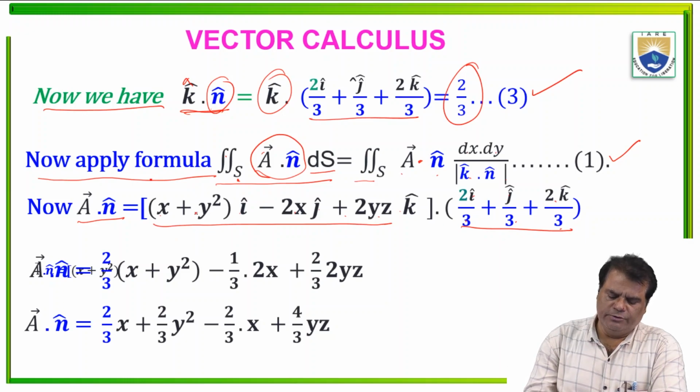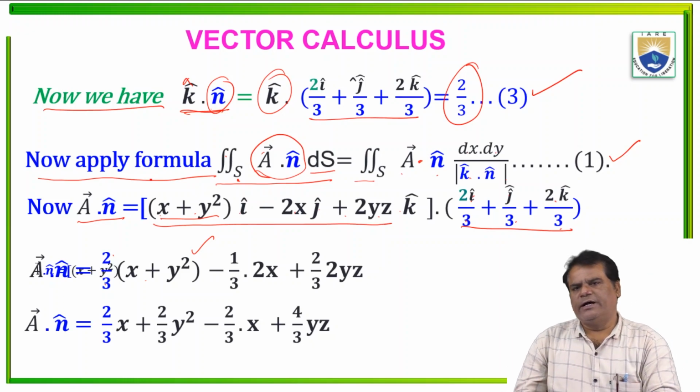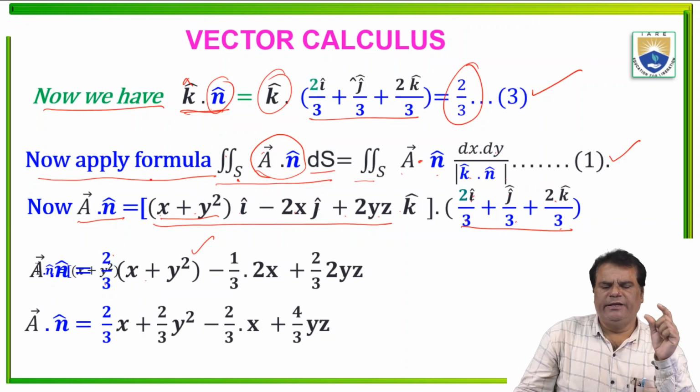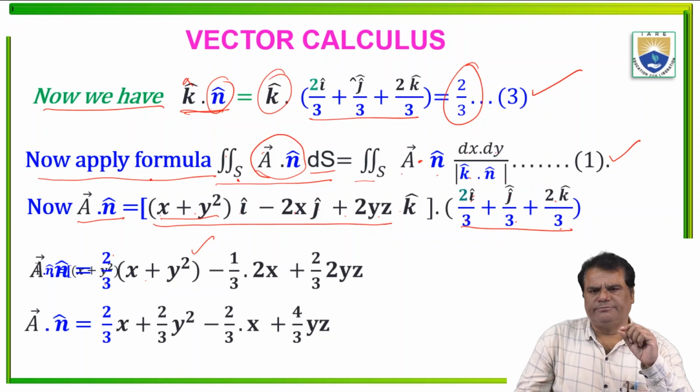So here we find i to i: 2 by 3 into (x plus y squared), then j to j and k to k. In a dot product, we multiply the same vectors, i into i, j into j, k into k.